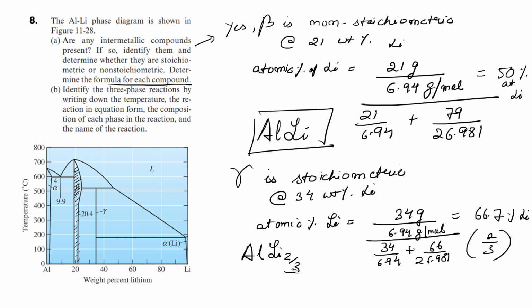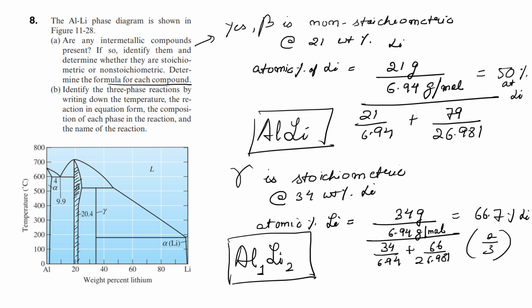So if I have 2/3 of lithium, and aluminum is 1, then I'll be having lithium as 2, because for 2 atoms of lithium we have a total of 3 atoms in the entire alloy, so 2/3, right? So it is Li2Al. This is the formula of the stoichiometric gamma compound.